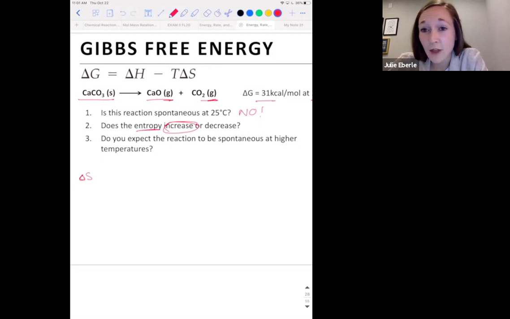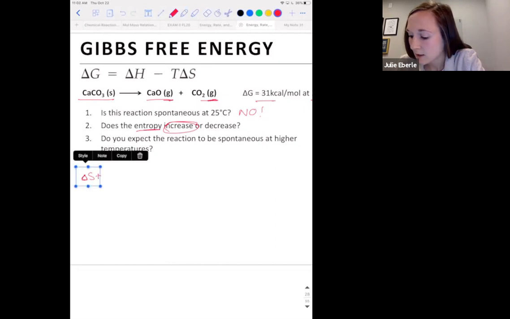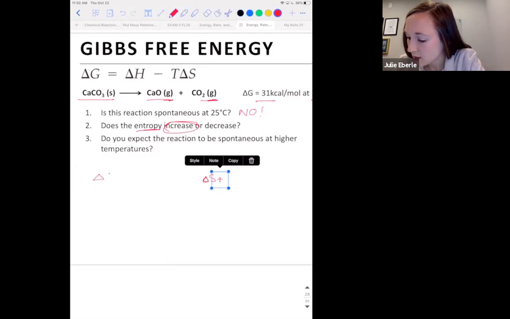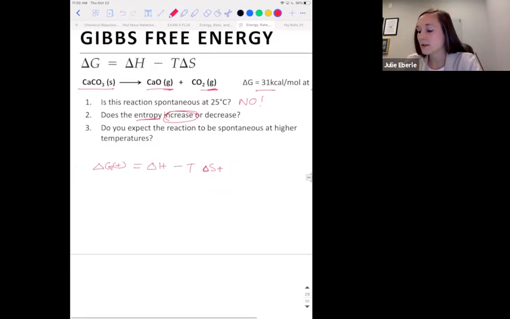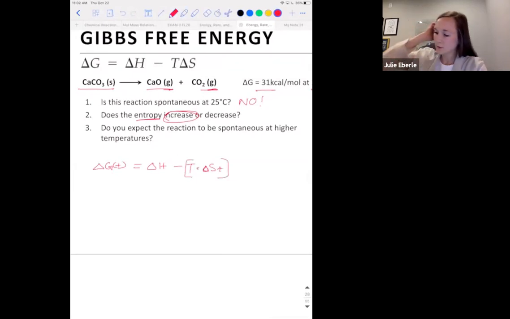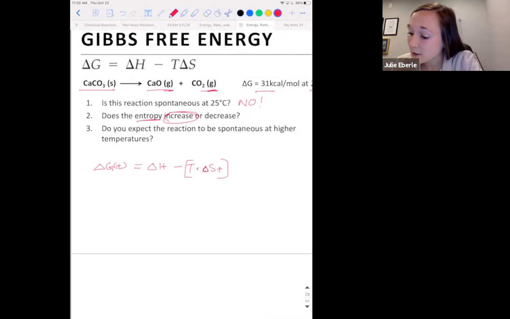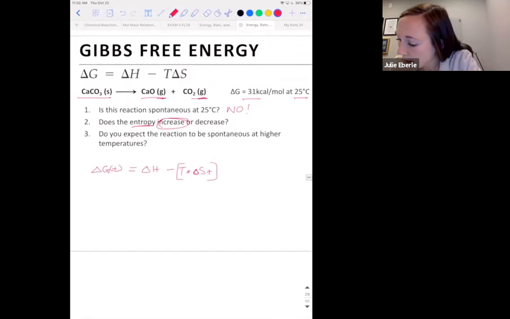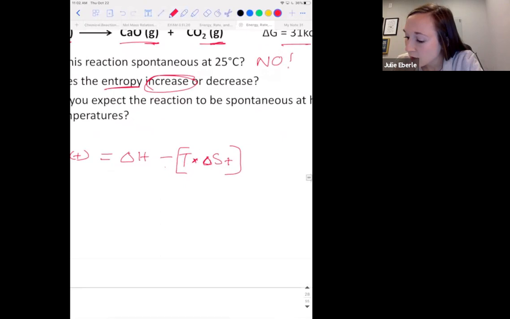So we do kind of a thought experiment. Right now we know that delta S is positive, and we know delta G is positive, and we know delta G equals delta H minus the temperature times delta S. We don't know the sign on delta H. But we do know delta S is positive, but you also have to consider this minus sign in front of the T delta S term.